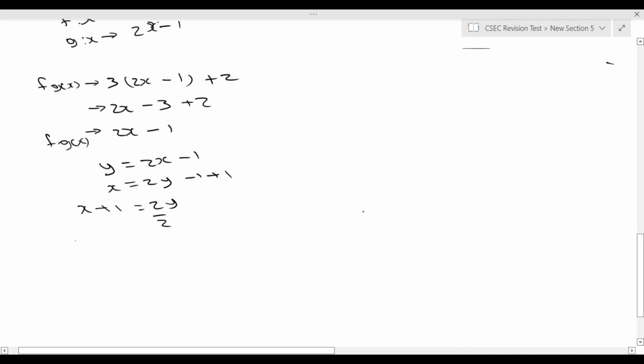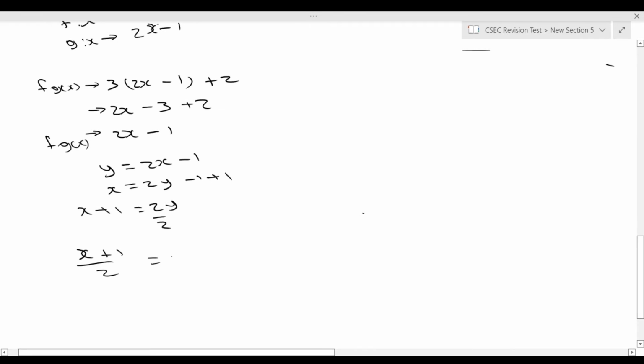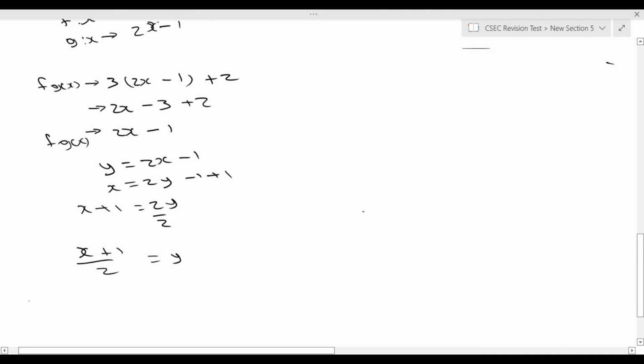Then we divide it by 2. And so we have (x plus 1) over 2 is equal to y. So therefore our fg of x inverse is equal to (x plus 1) over 2.